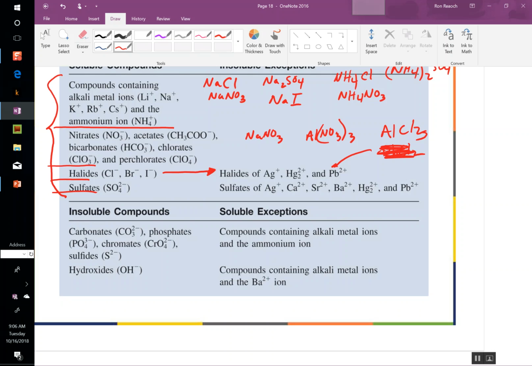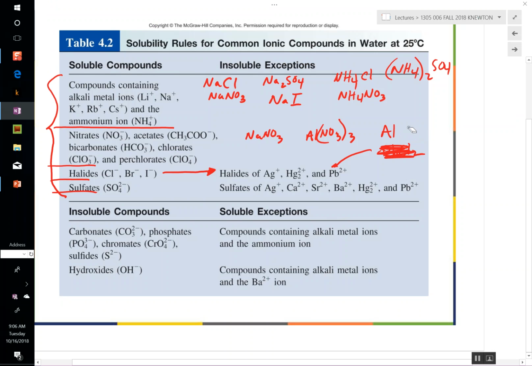Most carbonates are not soluble in water, except if they are those carbonates: sodium, potassium, rubidium, or ammonium. See that? These are the exceptions to this rule. Why? Because we said everything that's got a sodium on it is soluble, including carbonates. Okay? So I'll leave this chart up here. Let me get some of the scratchings off of here. I want you to be able to use the chart.